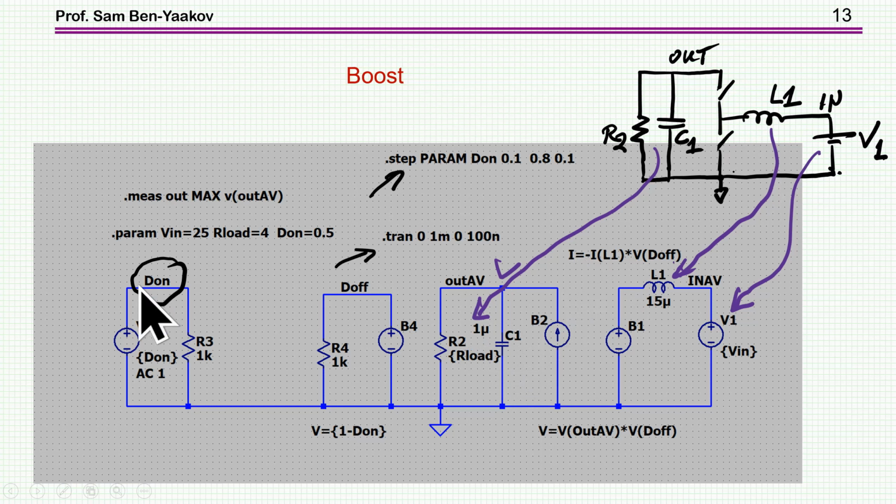Then I have the voltage source representing or generating the D on node. And then I've defined D off as 1 minus D on. Okay? So I'm running now a transient analysis and stepping the D on from 0.1 to 0.8 with 0.1 steps.